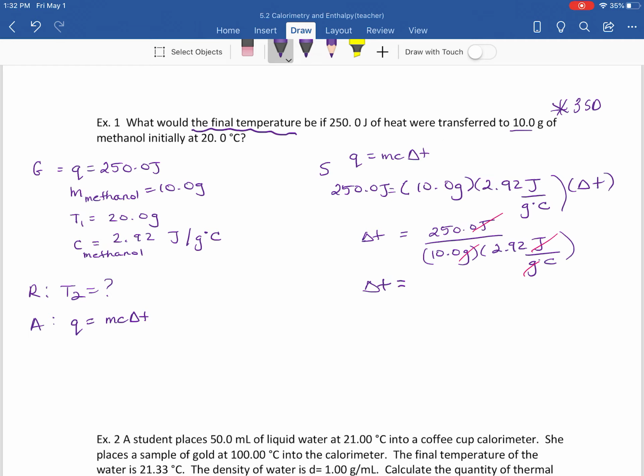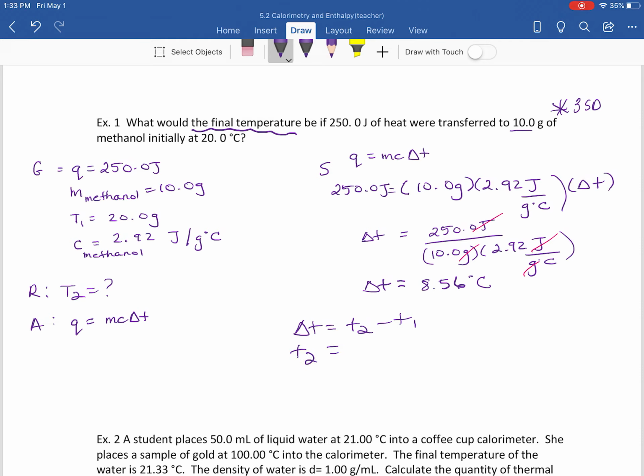All right, 250 divided by 10 divided by 2.92. Okay, so my delta T is 8.56 degrees Celsius.